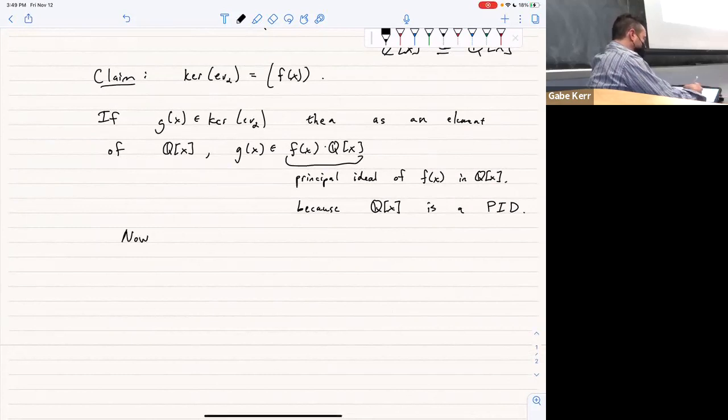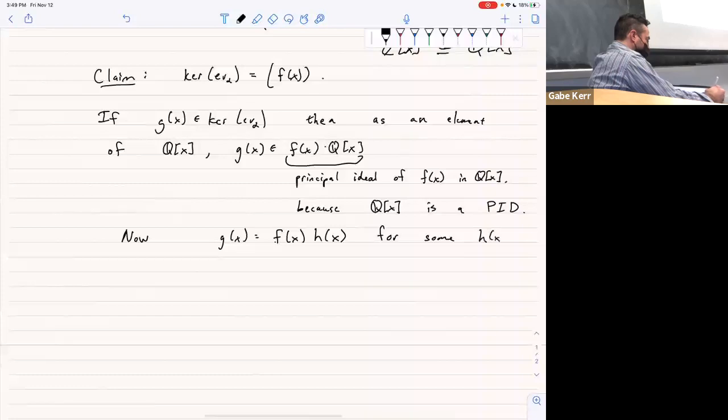Okay. But now, as we know this is true, we have that g of x equals f of x times h of x for some h of x. Now these two guys, they're both in the integers.